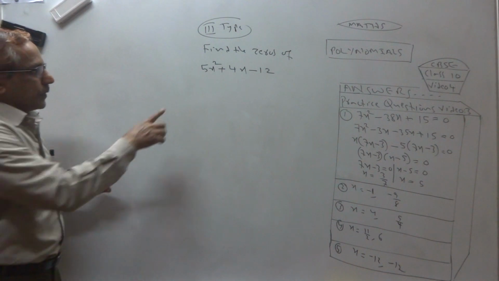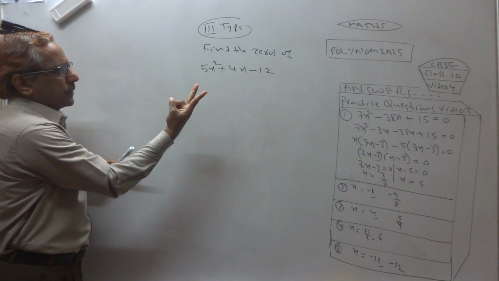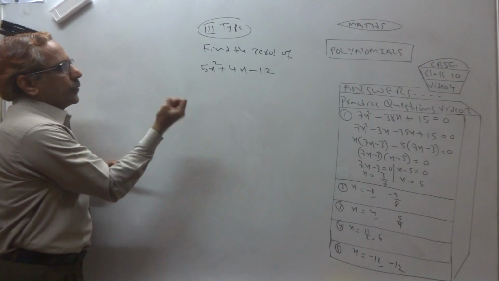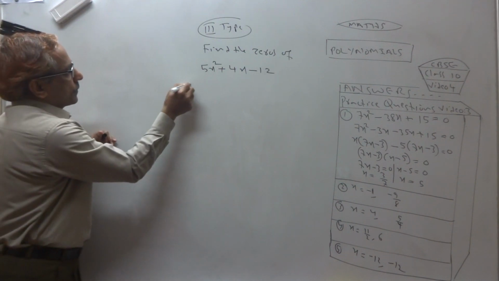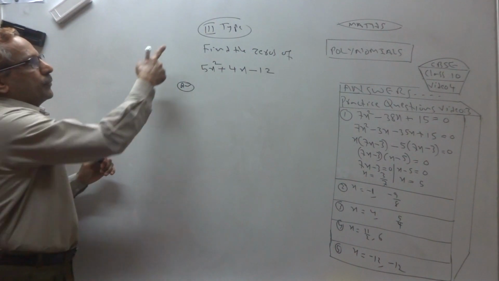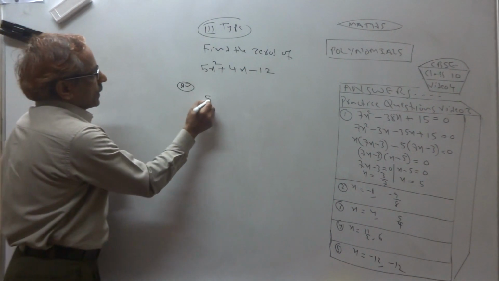Because it's a quadratic polynomial, second degree, it has 2 zeros. So how do we find its 2 zeros when plus minus comes? Please see the method. After this, one more type is there, the fourth type, that is minus minus. Finished. So please see the method.